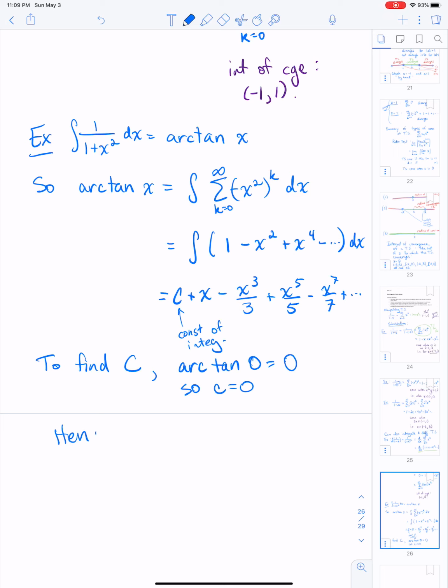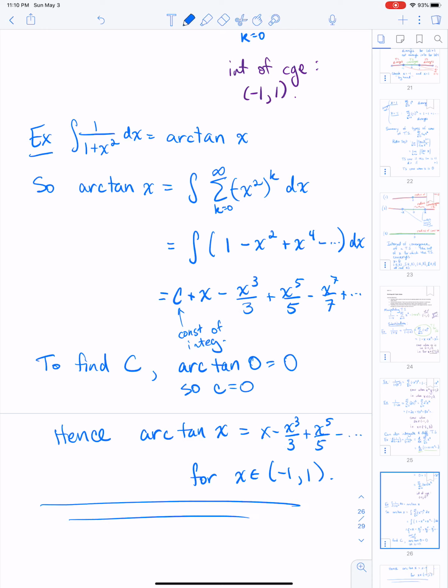Hence, the series representation of arctan of x is equal to x minus x cubed over 3 plus x to the 5th over 5 minus ... This holds for x in minus 1 to 1.